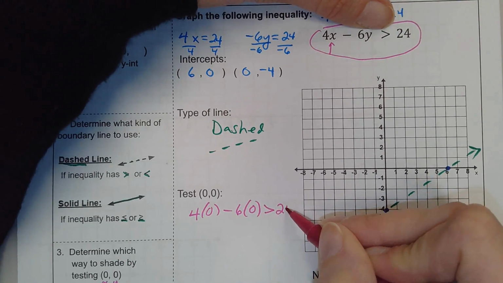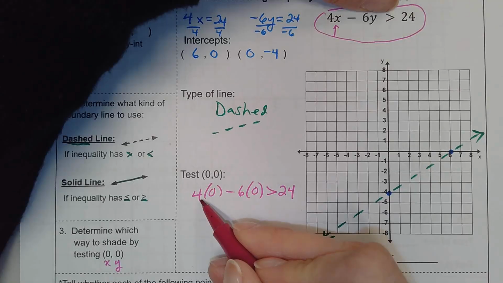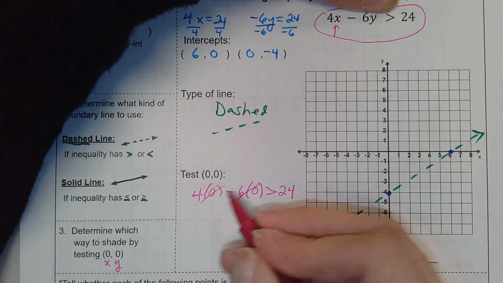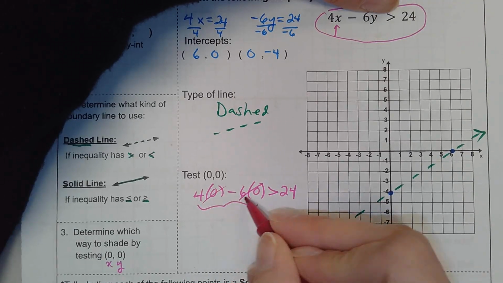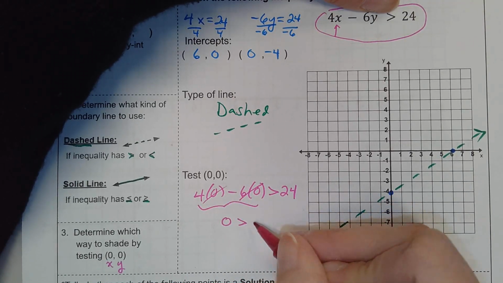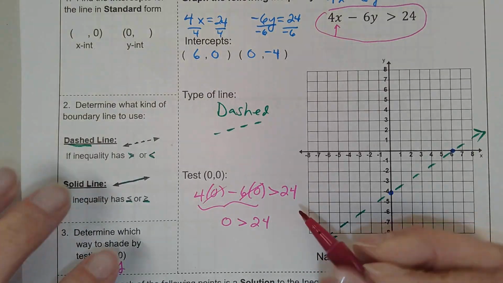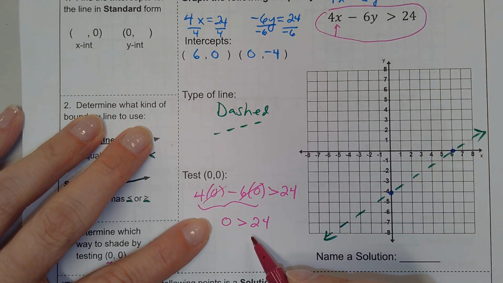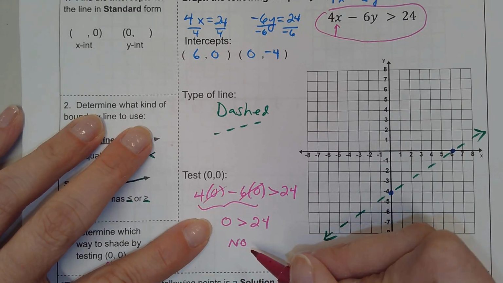Is that more than 24? 4 times 0 is 0. 6 times 0 is 0. Let me tell you a hint. This side is usually just 0. Is 0 more than 24?